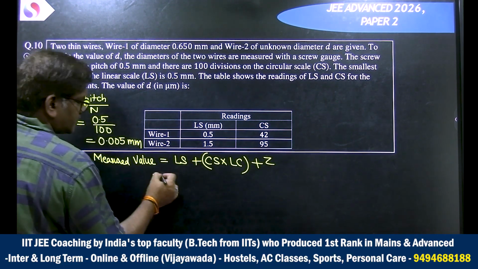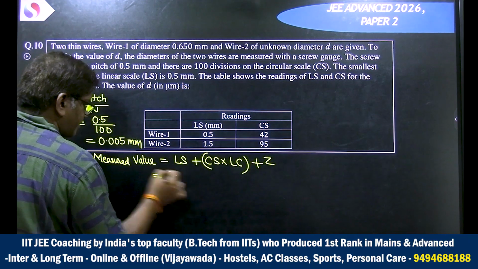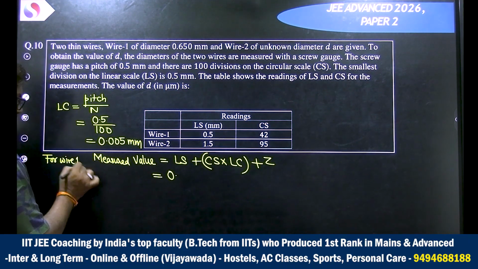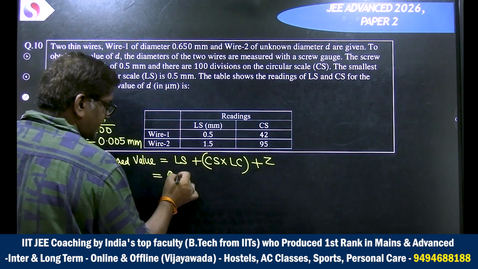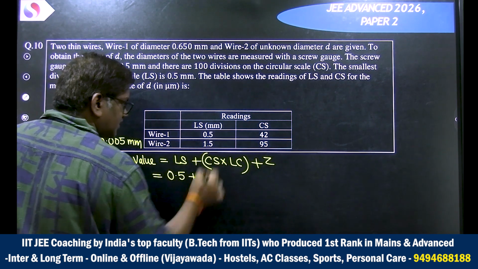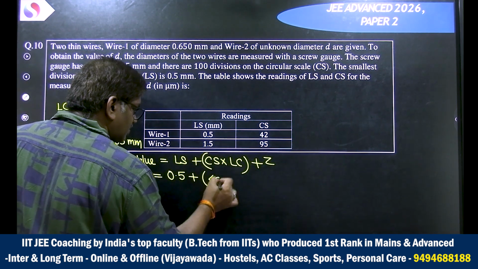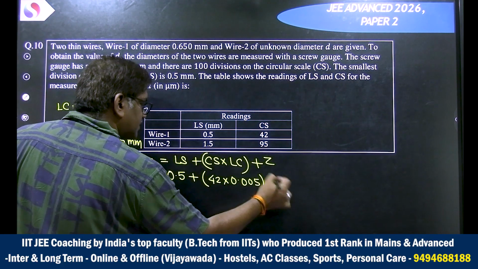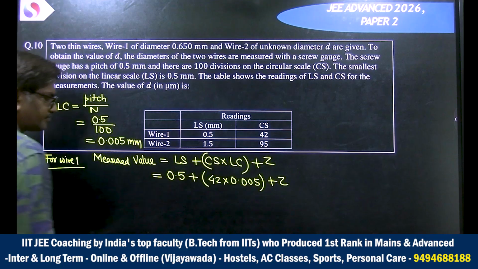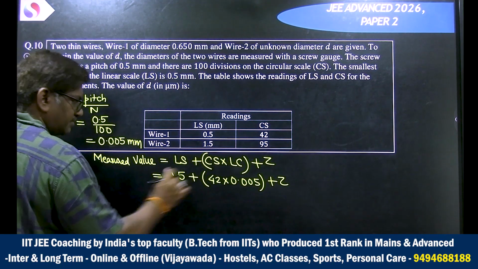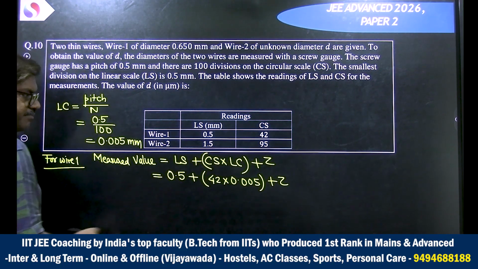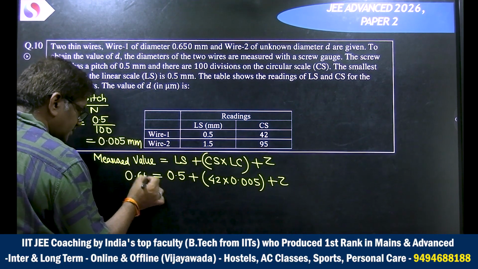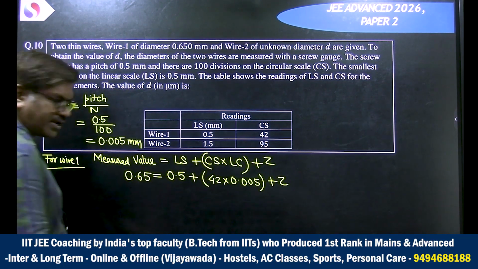All right. So for the first wire, wire 1, all the values are in mm. So this is 0.5 plus 42 into the least count. Least count is 0.005 mm. Plus we don't know the zero error. This way we are getting the value. And this value is already given to you as 0.65. That will help us find the zero error.